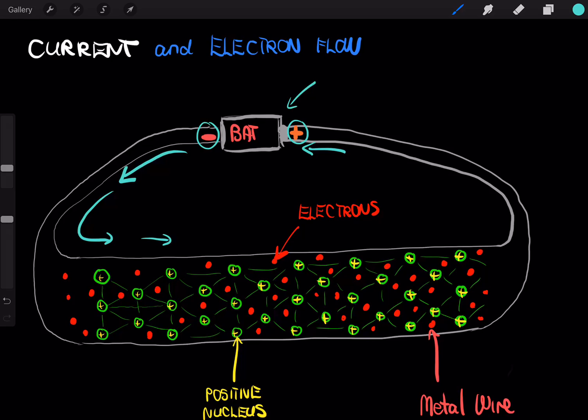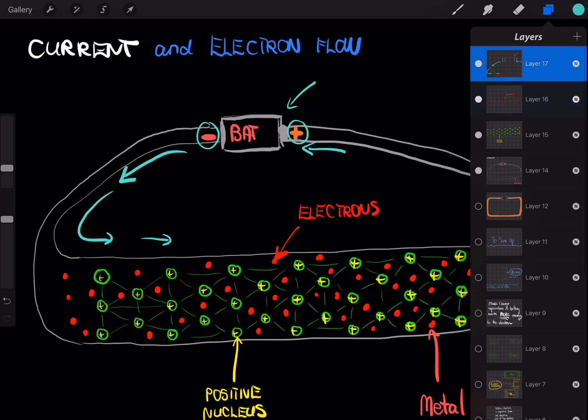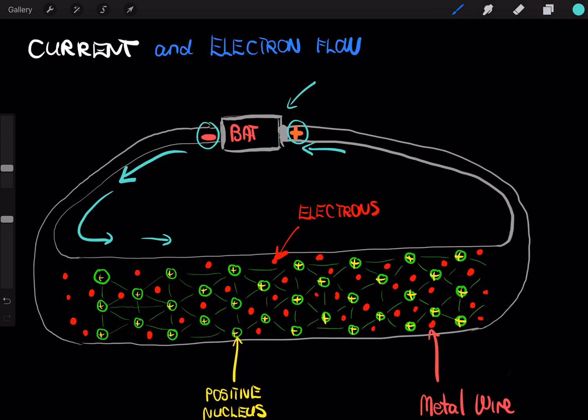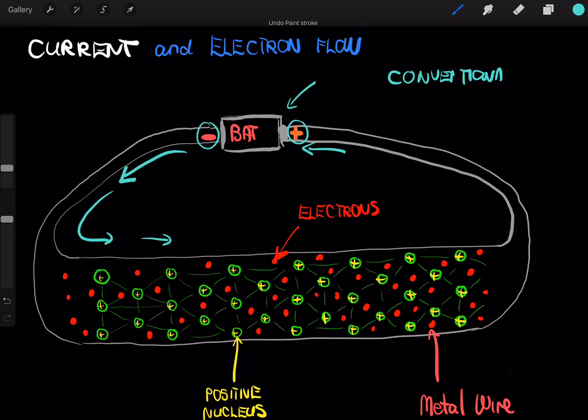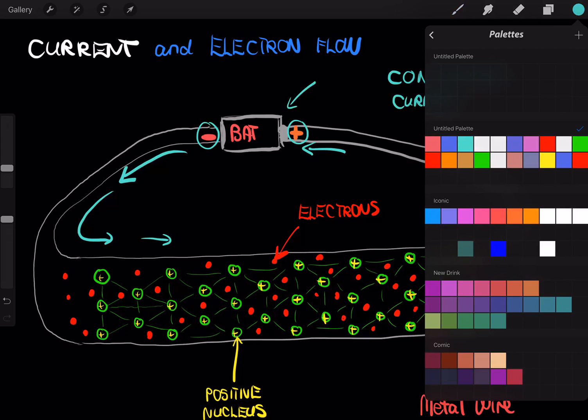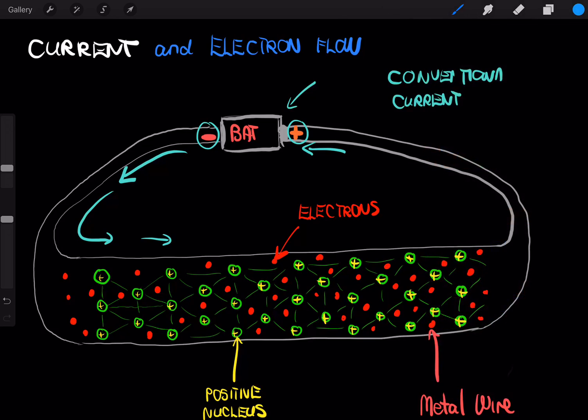So if we talk about the idea of conventional current, and we'll knock this out now, conventional current is the direction that a positive charge would flow around the circuit. And we probably know that would be in this direction. So that's the direction of conventional current or current.